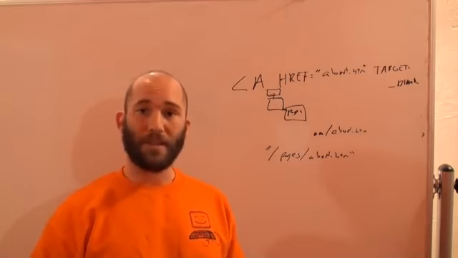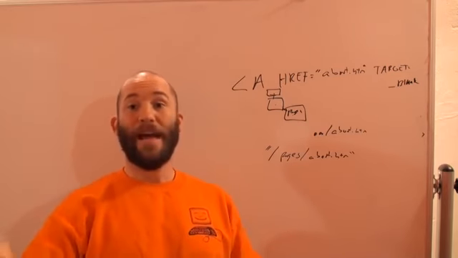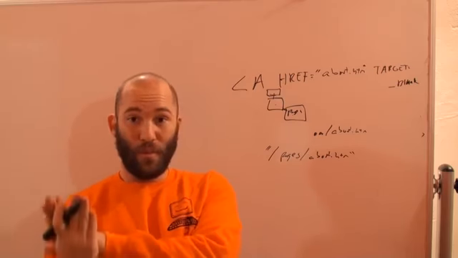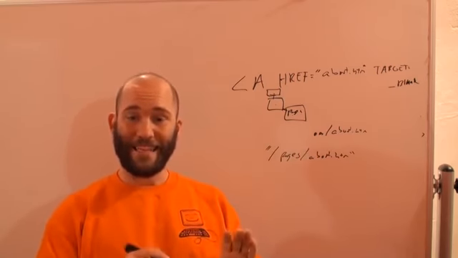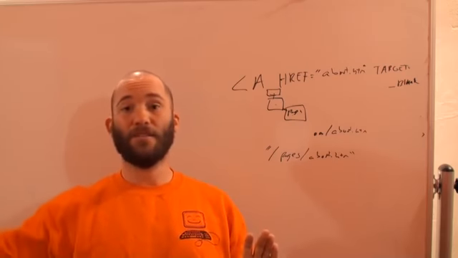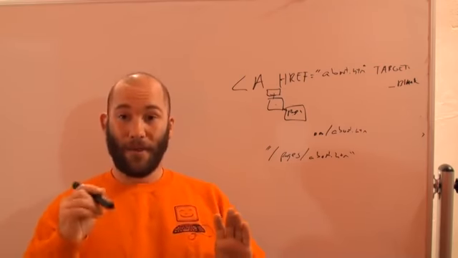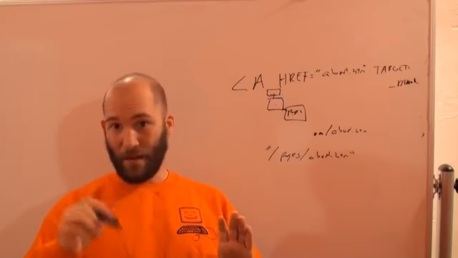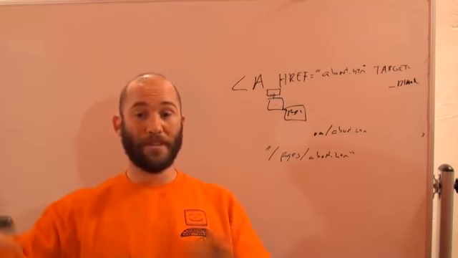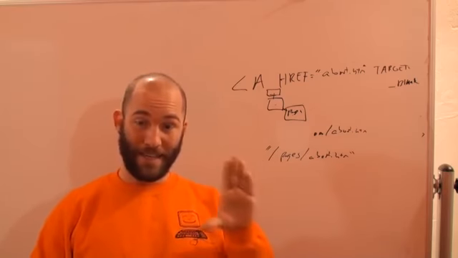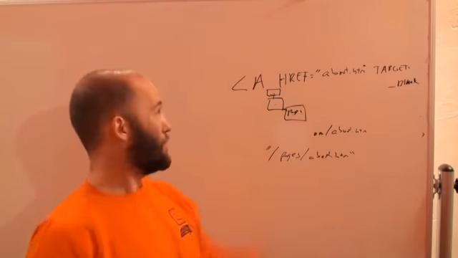So with tab browsing, you would open a new tab, and in that new tab is where you would go. So if you're on my website and I have a hyperlink to somebody else's website, I will then have the target equal _blank so that a new tab or a new window opens up with their website. My website stays open. So that's what you can do with the target.